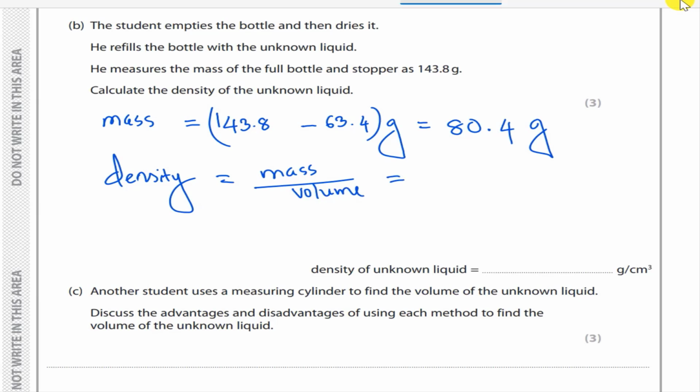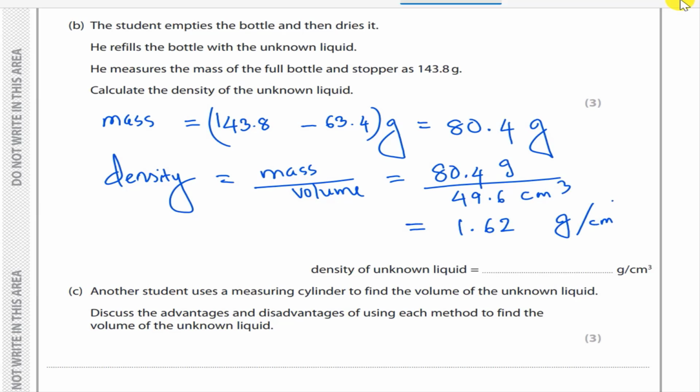So 80.4 gram divided by volume 49.6 centimeter cube. So the density of the unknown liquid is 1.62 gram per centimeter cube.